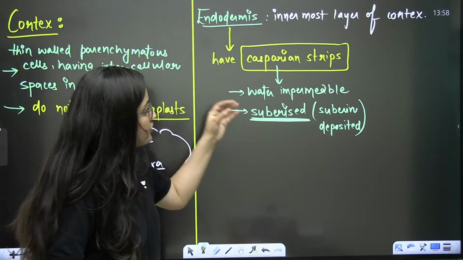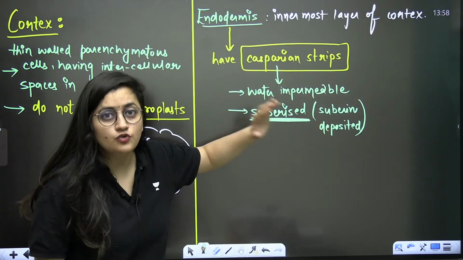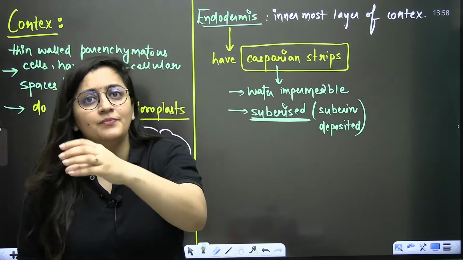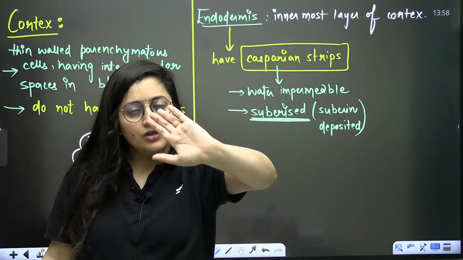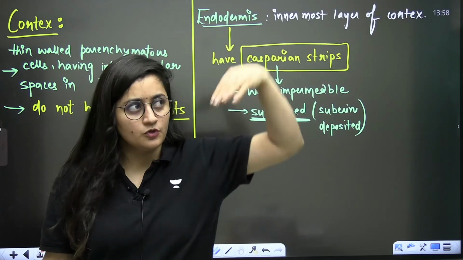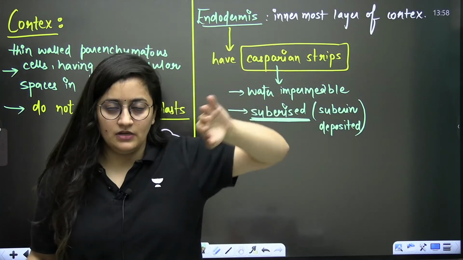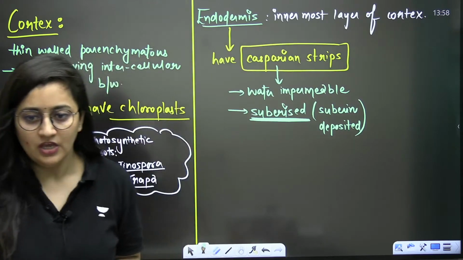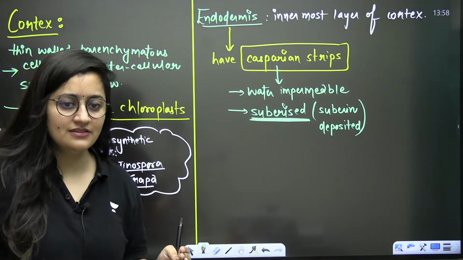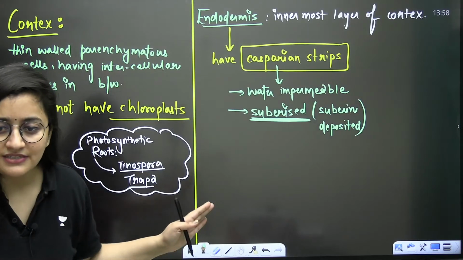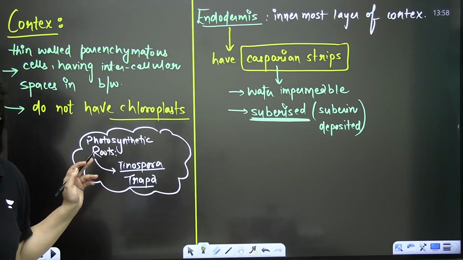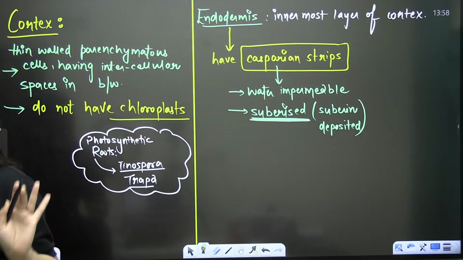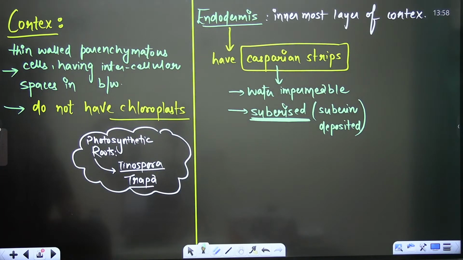Because in the endodermis Casparian strips are present, water cannot pass through these endodermal cells, so at this point the water will take the symplastic pathway. Clear? So Casparian strip: water impermeable, suberized, suberin is deposited.